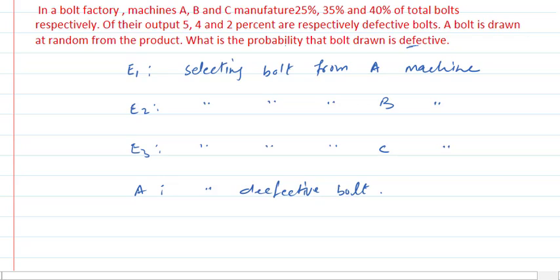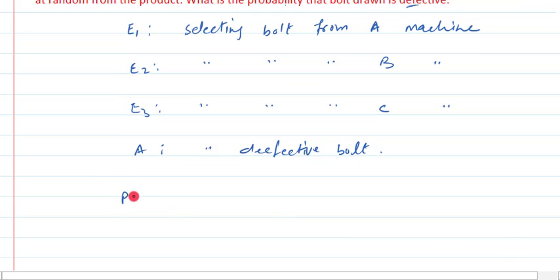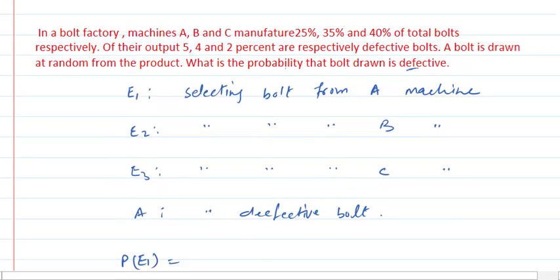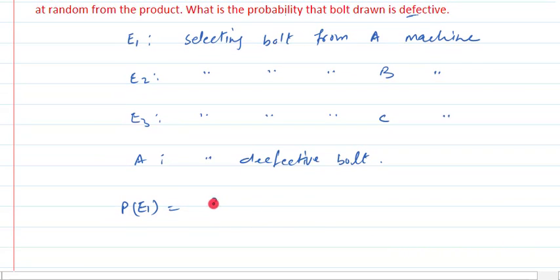So first of all, let us calculate PE1. As it is given that the first machine manufactured 25% of the total product, if we select a bolt from machine A, then it has probability 25 upon 100, or we can say 1 upon 4.